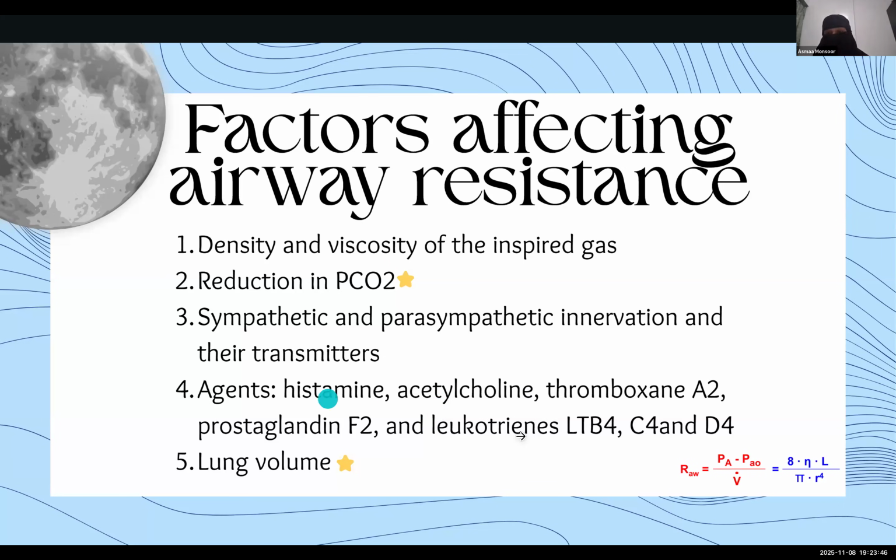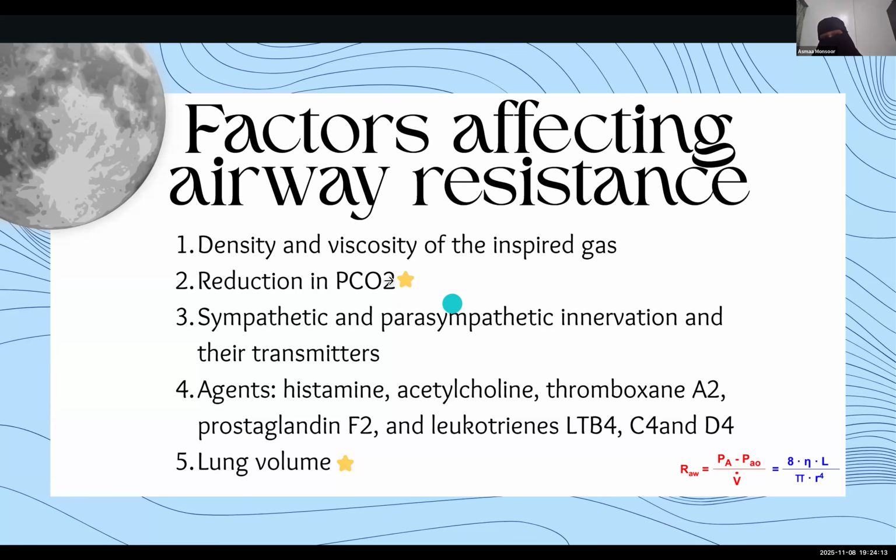And when they increase, they act as bronchoconstrictors. Bronchoconstrictors means they contract the smooth muscles, making the tube really narrow and thus increasing resistance. And this affects what? The airflow. The airflow is affected by resistance, and the resistance here is affected by the radius, which was affected by these chemical substances. And this was in asthmatic patients, all right?